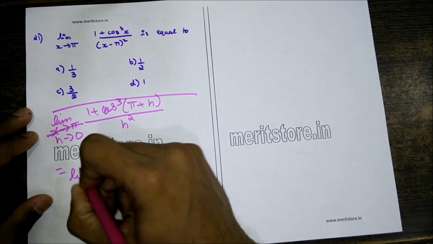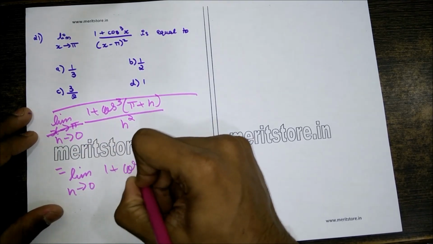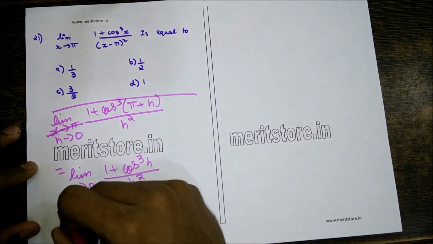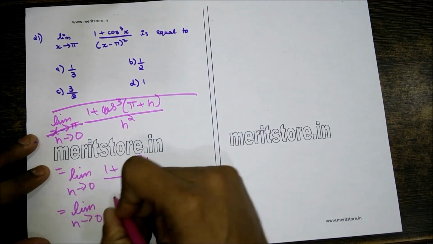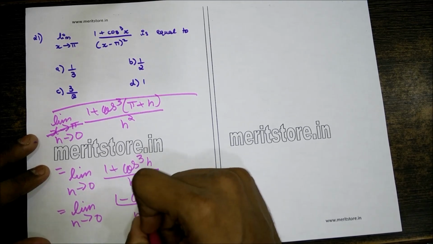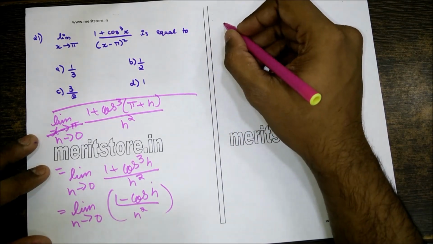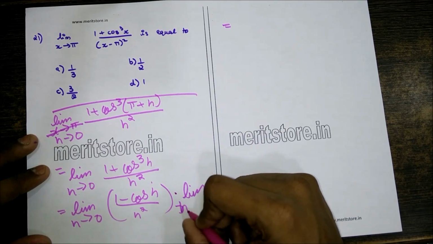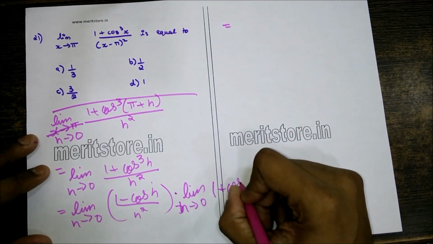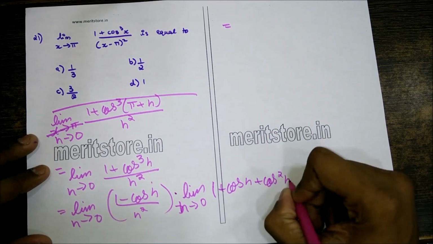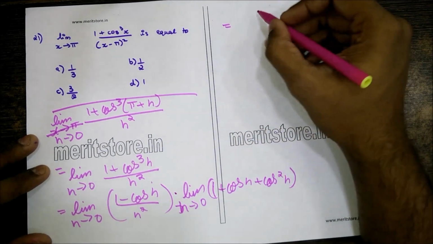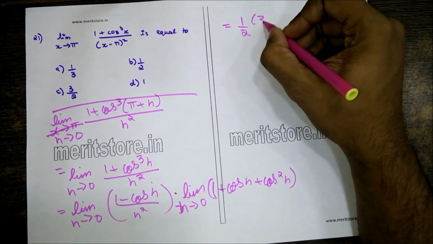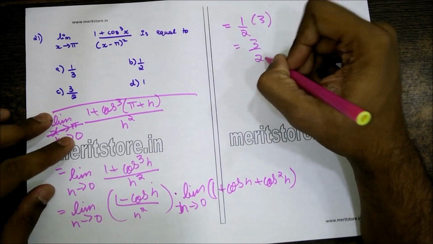So we have limit of h tends to 0, 1 plus cos cube of h upon h square, which is limit of h tends to 0, 1 minus cos h upon h square, which will also be multiplied with limit of h tends to 0, 1 plus cos h plus cos square h, which now we can apply the limit of h tends to 0, giving us 1 by 2 into 3, which is 3 by 2, option C.